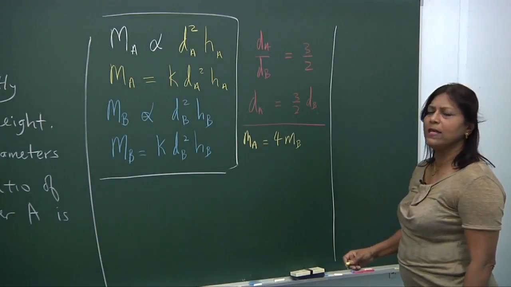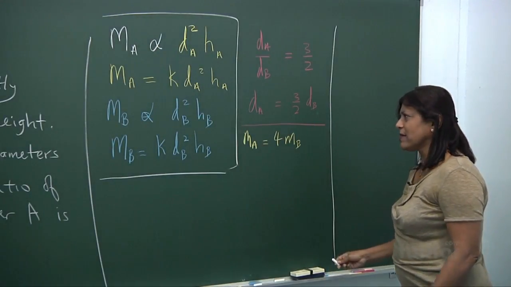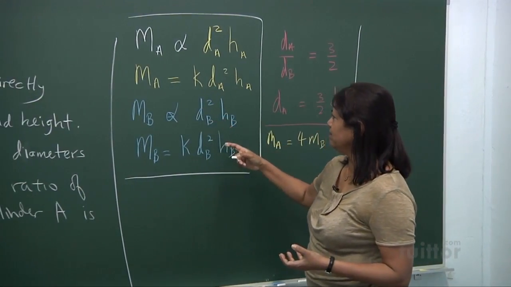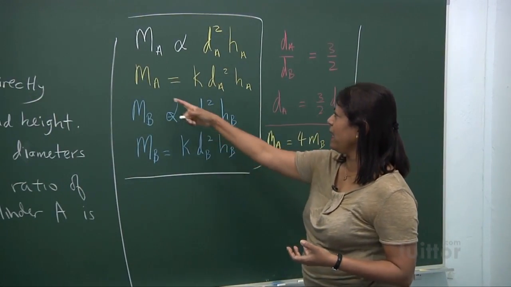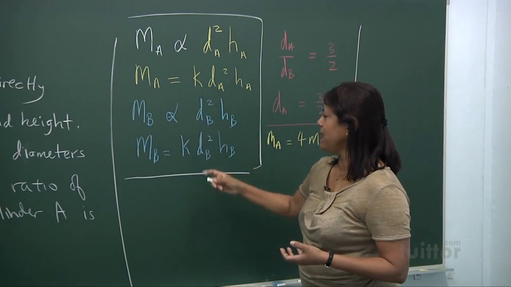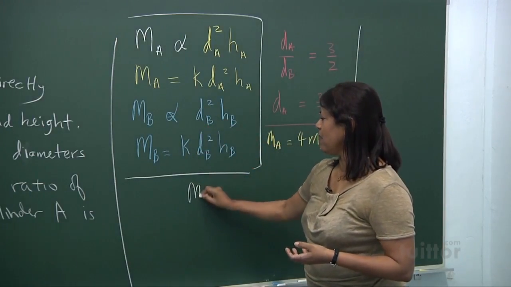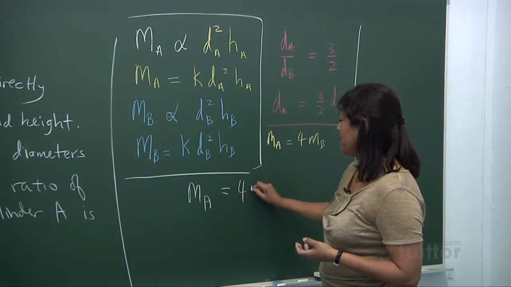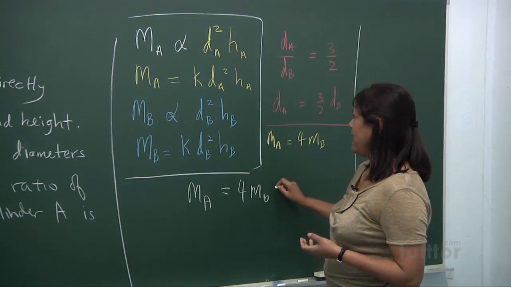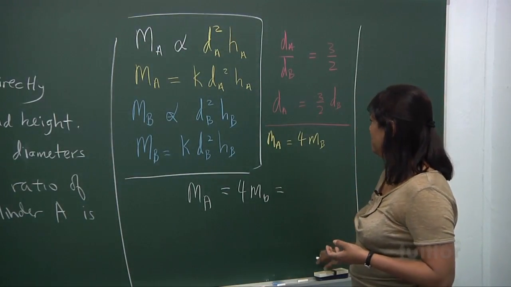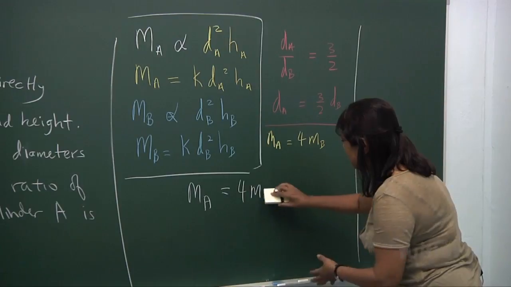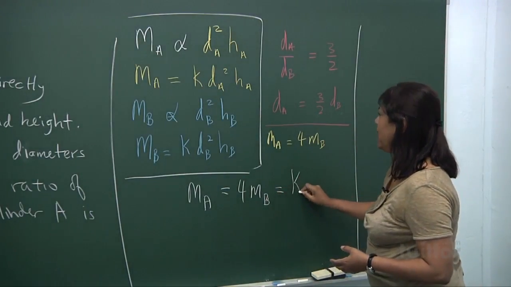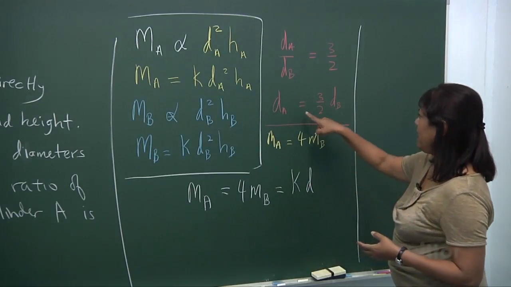So given all this information, it's now just a matter of clicking. Look here, mass of A is 4 times the mass of B. So 4 times the mass of B is equal to K dA squared HA.